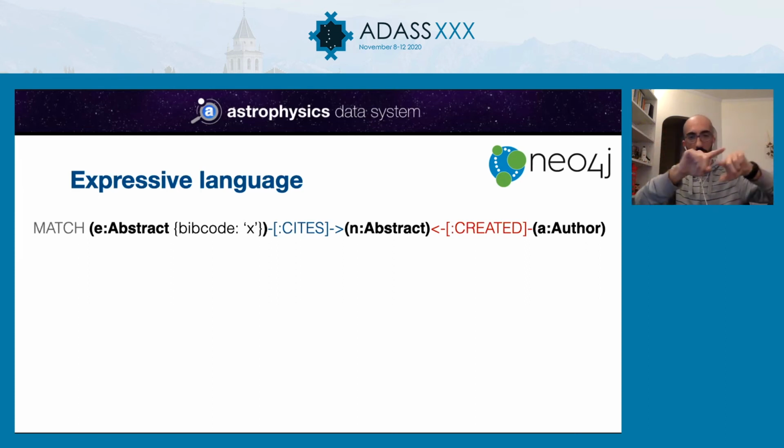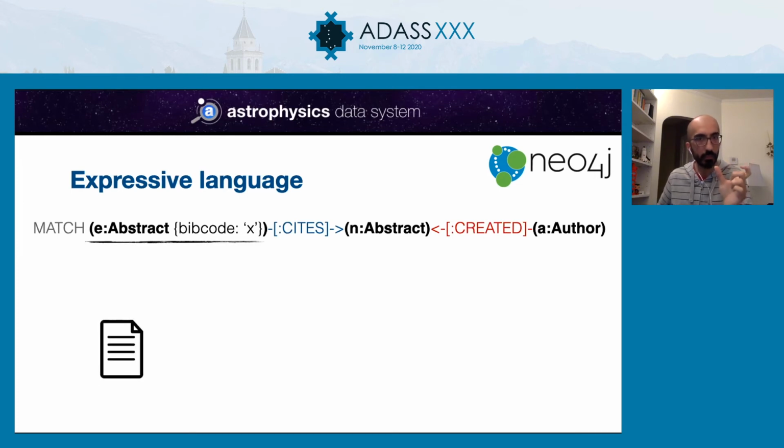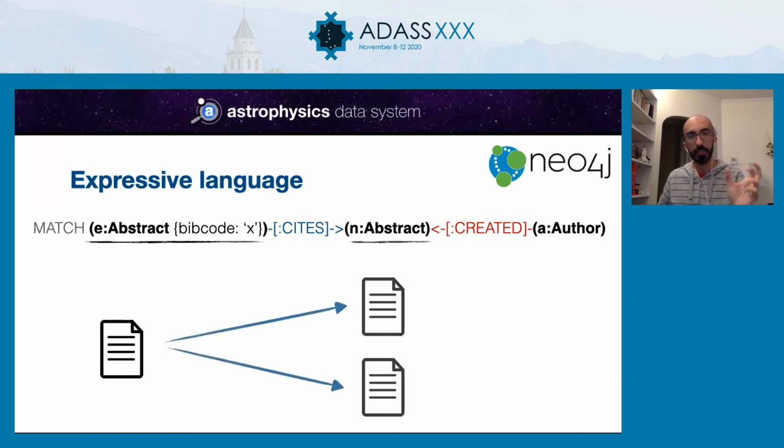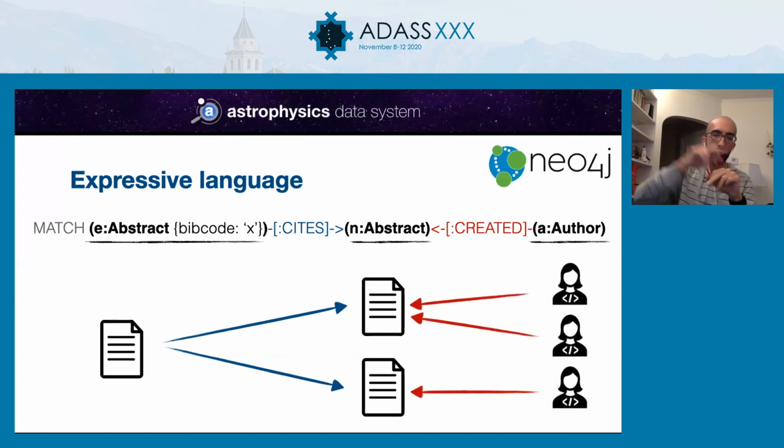If we read the query here, I want to match the abstract that is identified with the bibcode X, and I also want to identify all the abstracts that this paper cites, and finally I want to identify all the authors that created those papers. So as you can see, with just that single line, a very expressive language that is easy to parse, we get back all these results that we see on the screen.